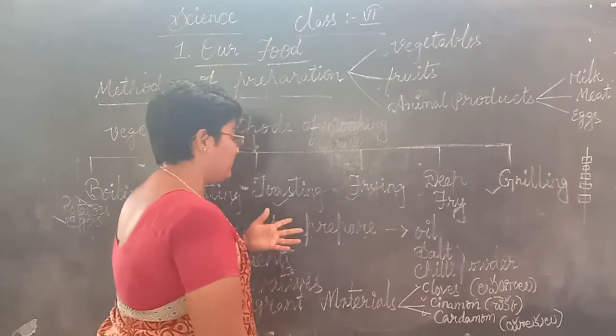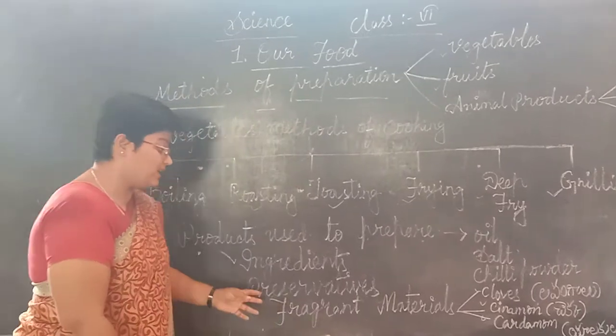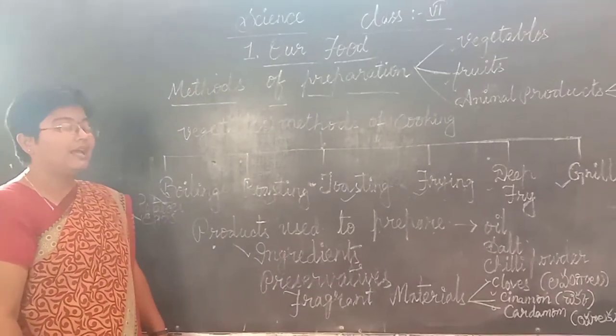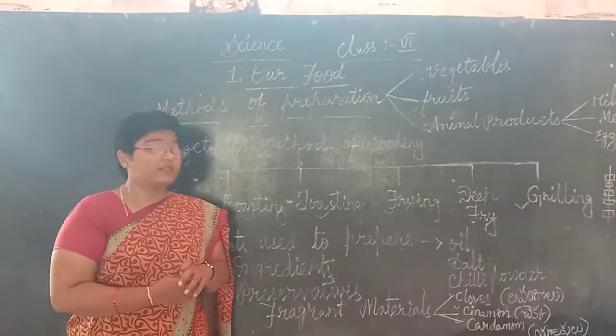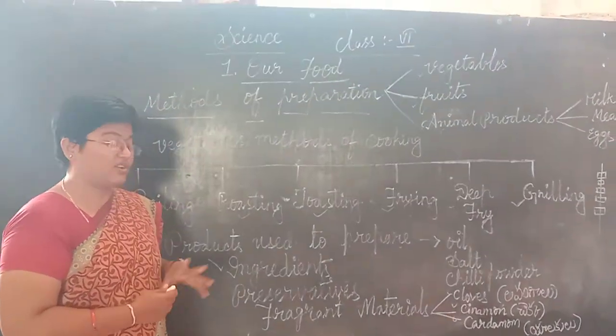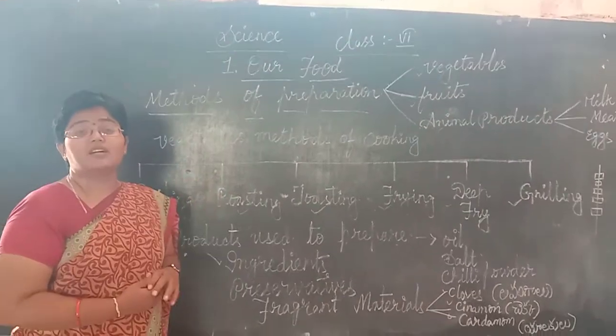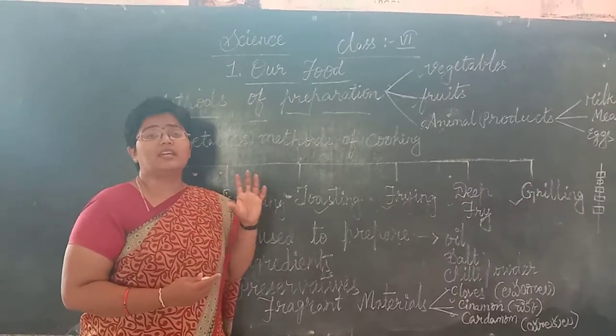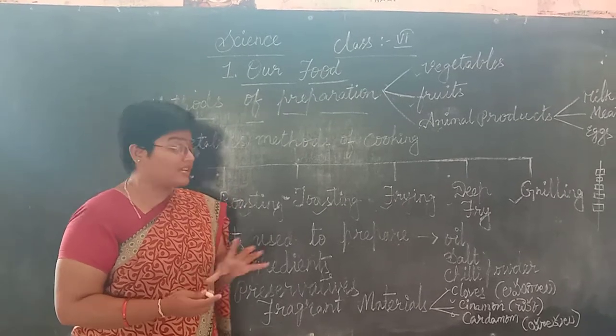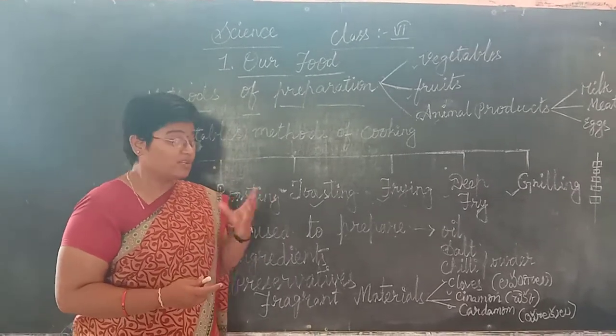Let us finally come to the conclusion: why do we use preservatives? Yesterday we discussed that pickles are made for one year. Then how do they stay for a long time? We discussed that curry takes a short time to get spoiled, whereas pickles stay for a long time. What is the reason?